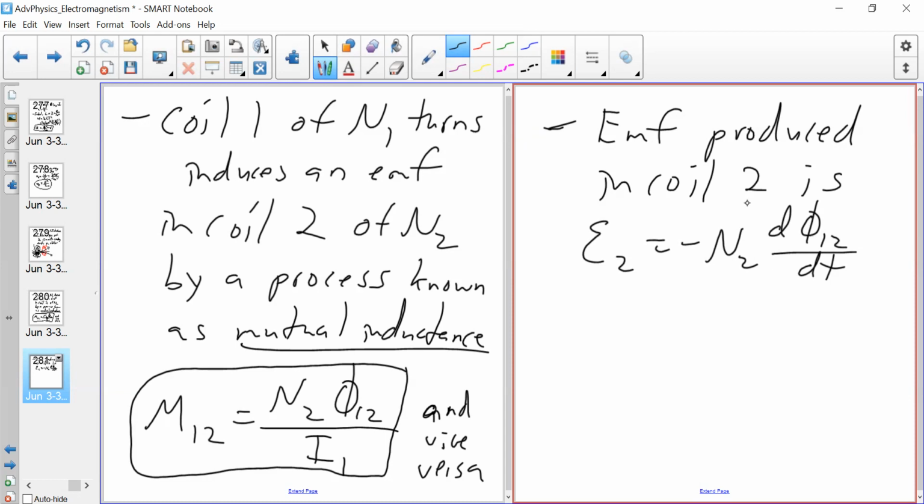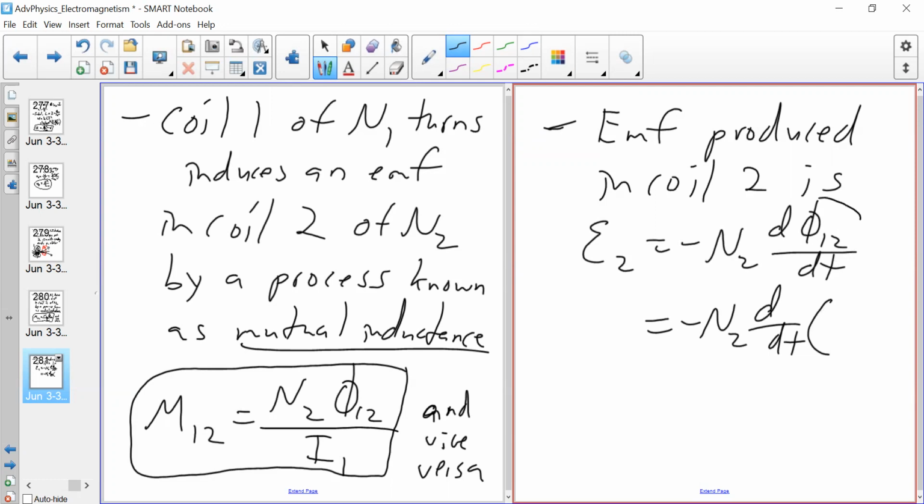Faraday's law of induction. Coil 2 experiences this voltage produced by wire 1. It's inducing this. And then negative N2 times the time rate of change of the flux.